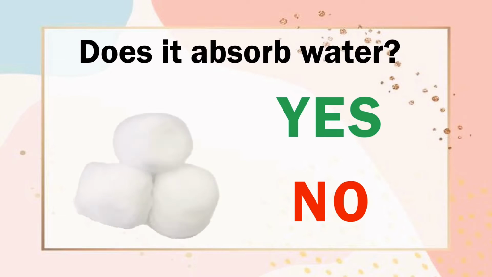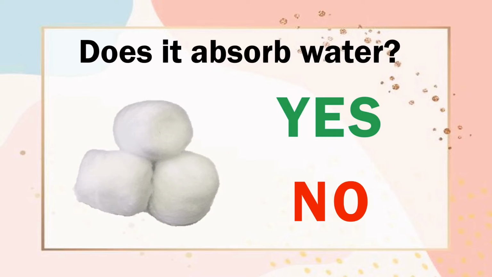Next we have cotton. Does the cotton absorb water? Yes or no? The answer is yes. Cotton is a plant and is used to make thread or cloth. So, if the material is made of cloth, it means that it absorbs water.